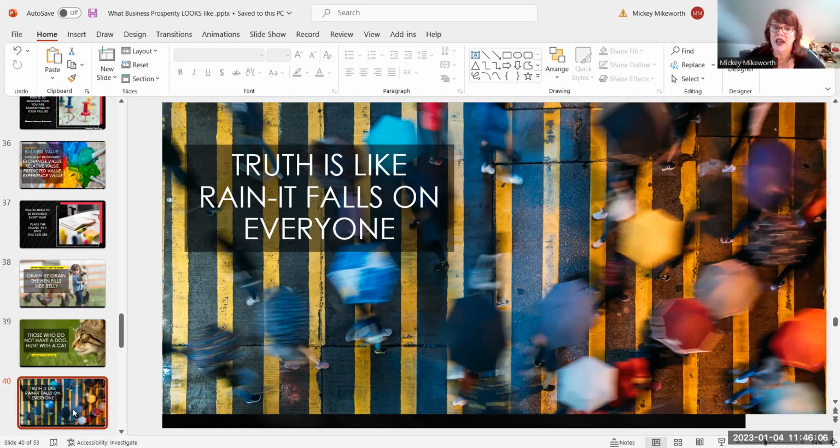And truth is like rain, it falls on everyone. So when we look at the truth of what you make, the truth of the relationships that you have, this will fall like rain on everyone. We had somebody in class talk about how their Instagram was stolen, and instantly the voice had changed on there. The Instagram started reaching out to other people and trying to steal those other Instagram accounts.